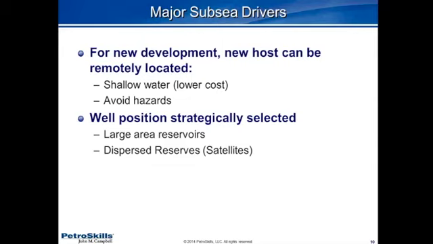So one can then create wells that are beyond the drilling reach from our host platform, more than, say, 4 to 7 miles away, and develop these large reservoirs. The ability to develop multiple smaller reservoirs, dispersed reservoirs, is also served by the satellite and remote ability of subsea wells.